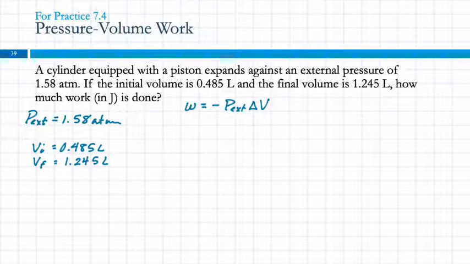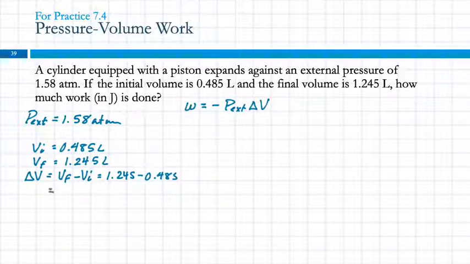So I have the external pressure, but I need the change in volume. That triangle, delta, means final minus initial. So 1.245 minus 0.485. My calculator tells me 0.76.